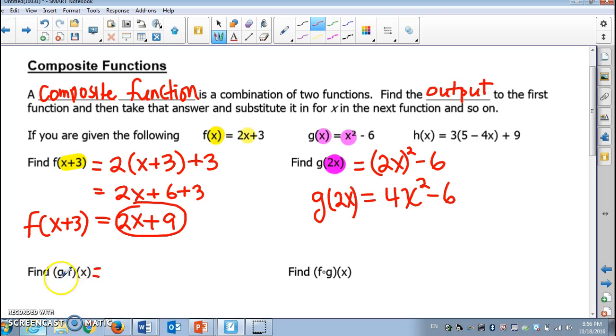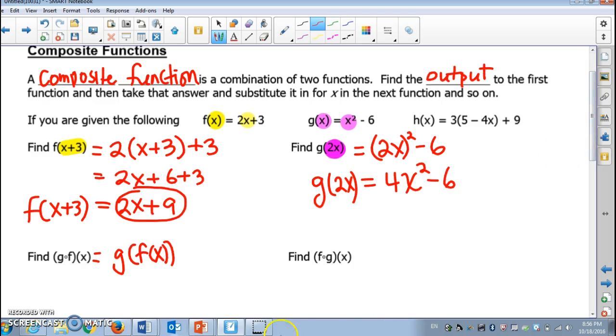So what we're going to do is g of f of x means we can rewrite that as g of f of x first. Now, what you realize is here, we have two functions.